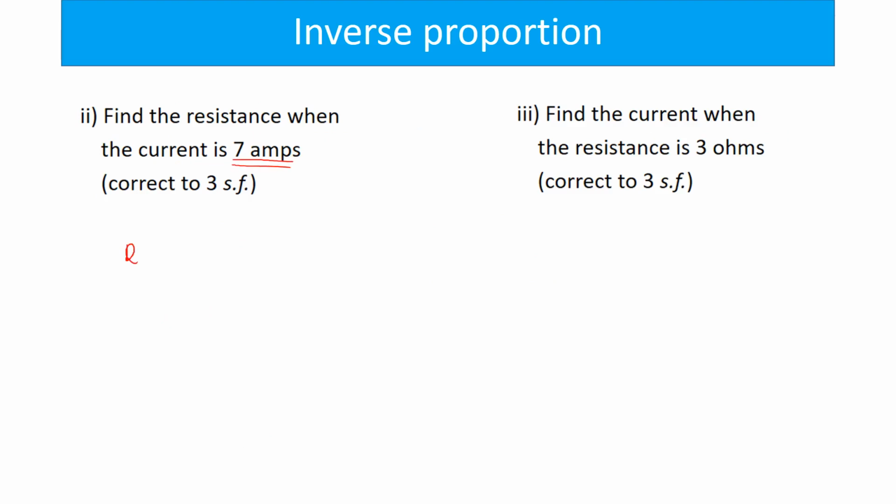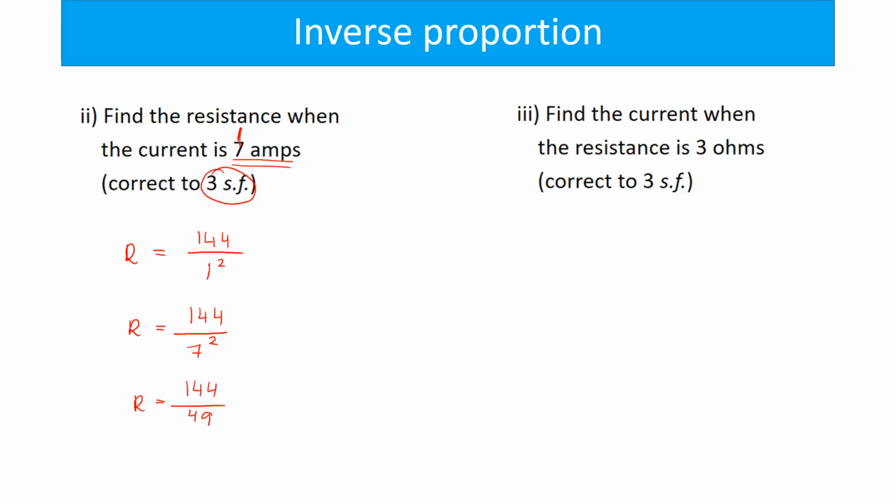This is the formula. Now I've got the current, so this is I. I'm going to substitute it into the formula. Remember that it needs to be squared. So R equals 144 over 49. Notice that the answer needs to be given to 3 significant figures.